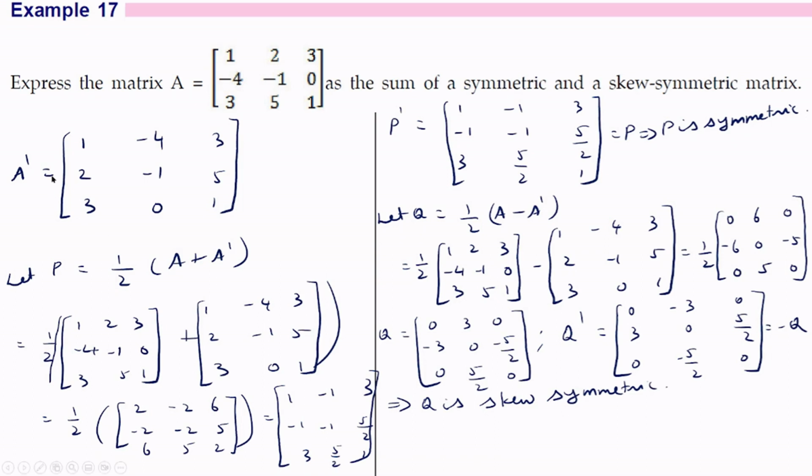So we can express A as sum of P and Q, where P is a symmetric matrix and Q is a skew symmetric matrix.